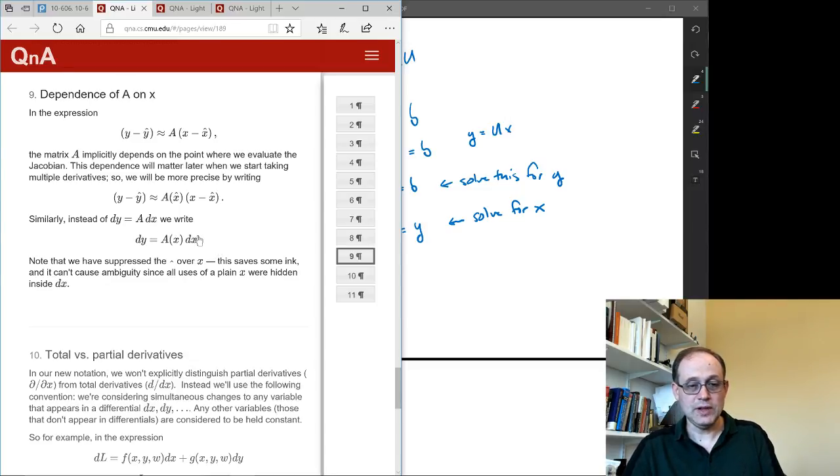In the Taylor series, we had a separate x and x hat. In the differential notation, we don't need that. There's only x and dx, and we can think of x as being the point where we evaluate it, like x hat, and dx being like x minus x hat in the Taylor series.